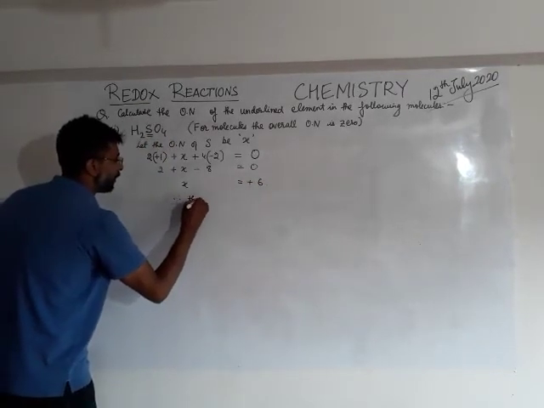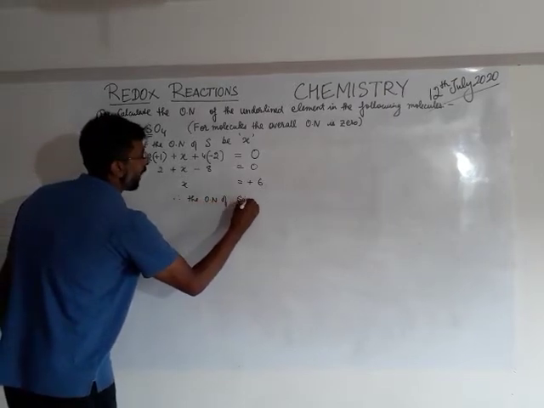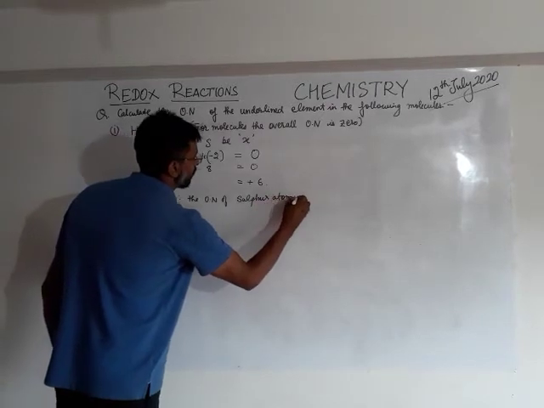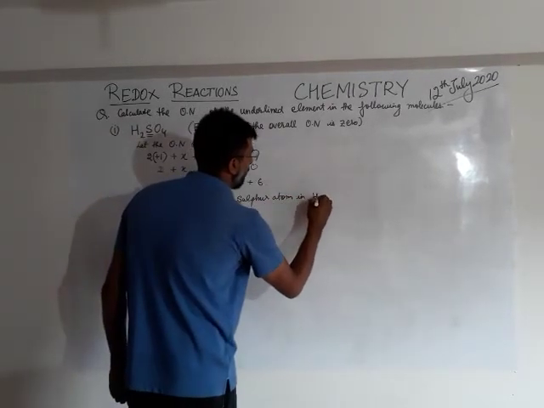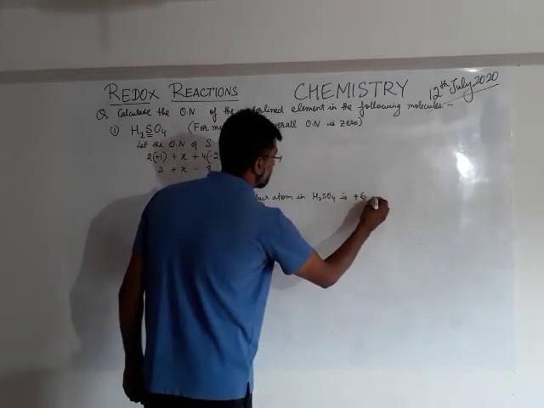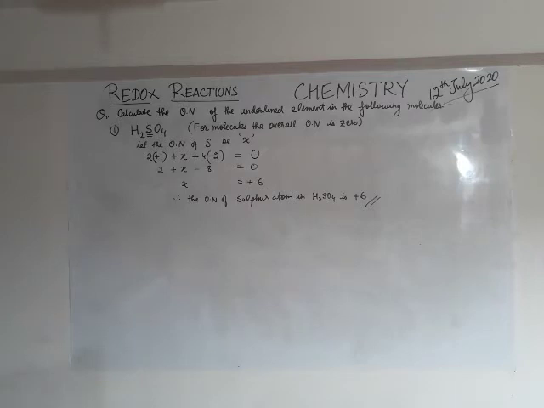Therefore, the oxidation number of sulfur atom in H2SO4 is +6. This is how we are supposed to write the answer. This is the first example which I have shown you.